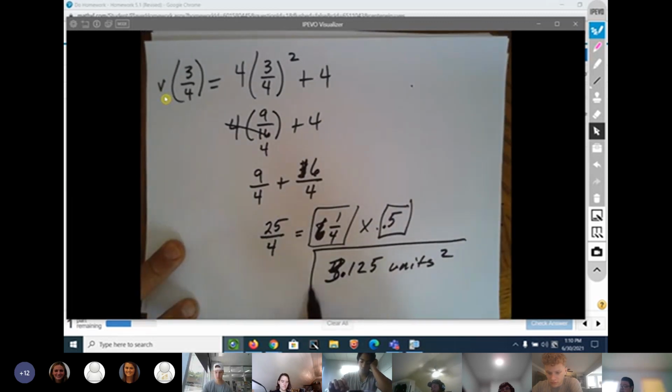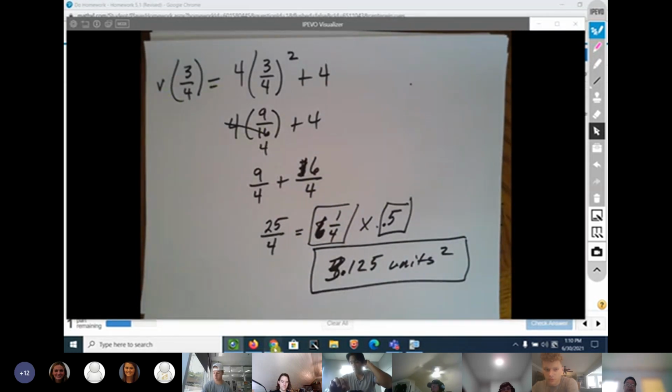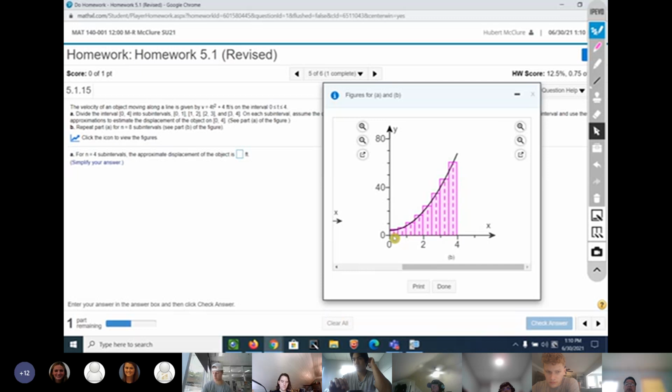That's it right there. So those first two out of 8, the area of these first two right here is 5.25. 5.25 square units right there.